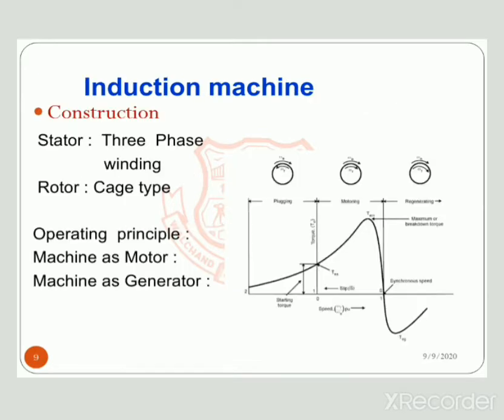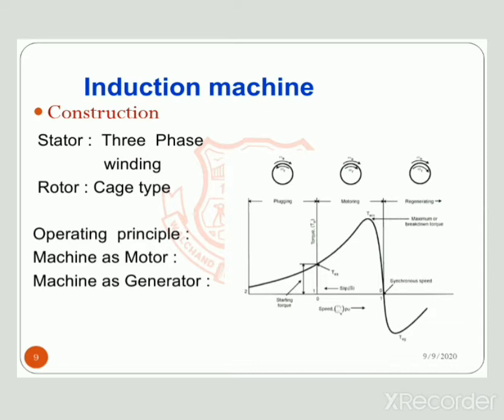Next is the graphical presentation of the working of the induction machine. The construction of this machine is stator and rotor. The stator has a three-phase winding and the rotor is a squirrel cage type in a squirrel cage induction motor. The operating principle is the machine as a motor and the machine as a generator. In the graphical presentation, the first section is for plugging, the second section is for motoring, and the last section is for regenerating.